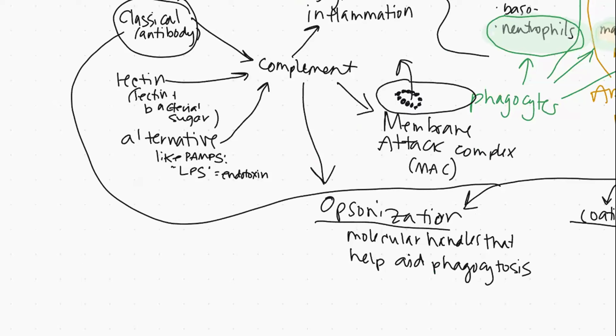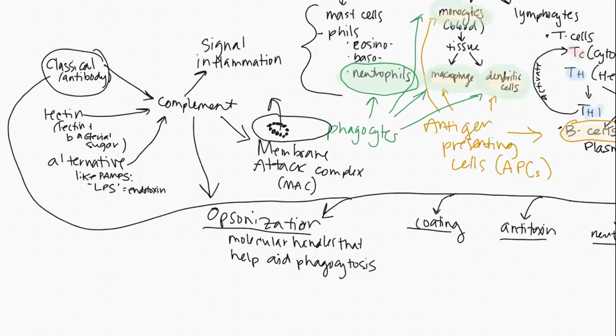Activating the complement pathway, which complement itself can signal inflammation, can do the membrane attack complex, and complement itself can aid in opsonization. Antibody can also aid in opsonization. So it can either directly lead to opsonization, helping out with grabbing onto things by the phagocytes, or it can activate complement, and complement can help with opsonization. So we've got 2 different targets for helping out with molecular handles for our phagocytes to grab onto, either triggered by the antibody directly or the antibody triggering the complement pathway and the complement leading to the handles.